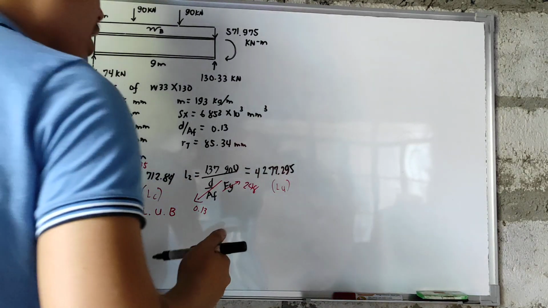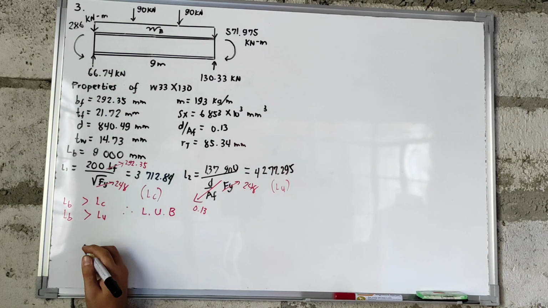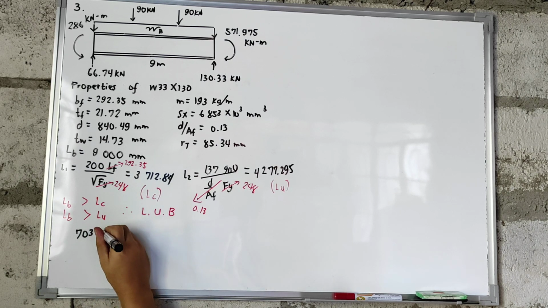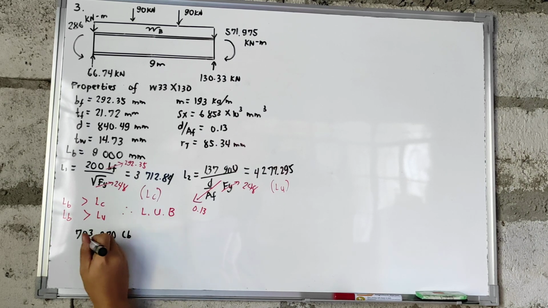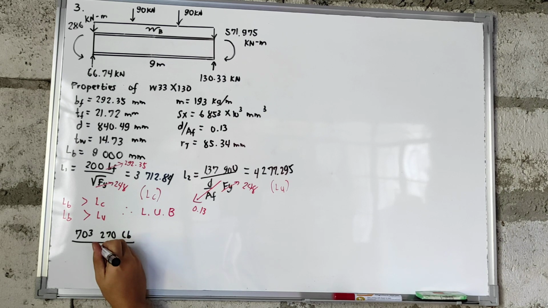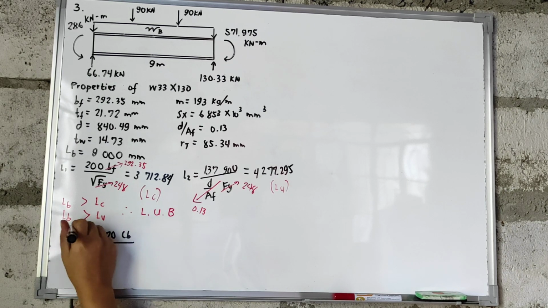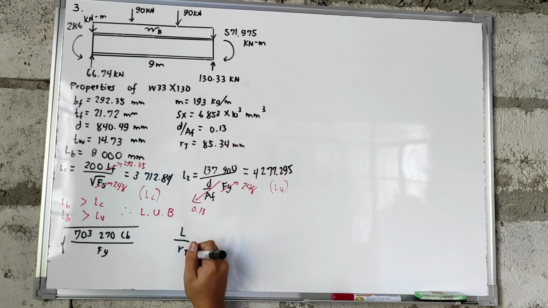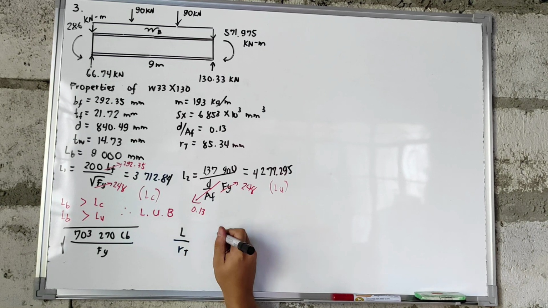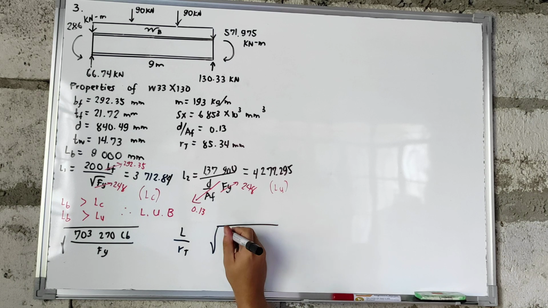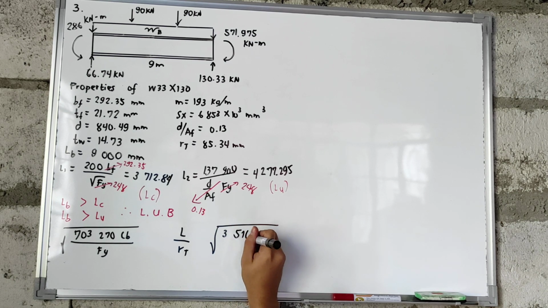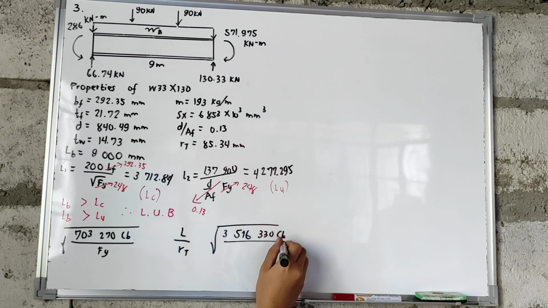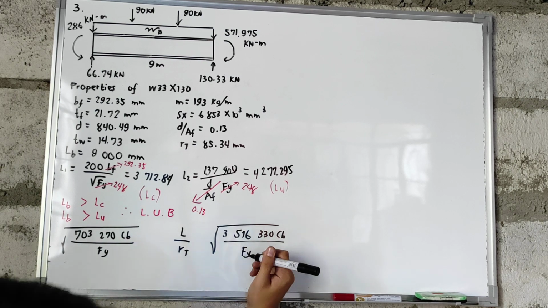So, gagamitin natin yung equation na to: 703,270 CB over Fy. So, pagko-compare natin siya sa L over R sub T. Tapos, we have yung square root of 3,516,330 CB over Fy.